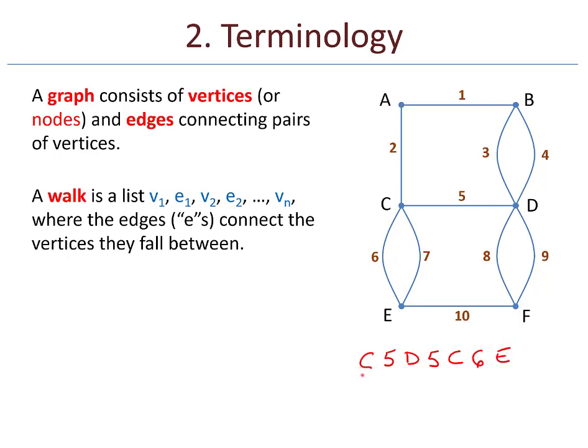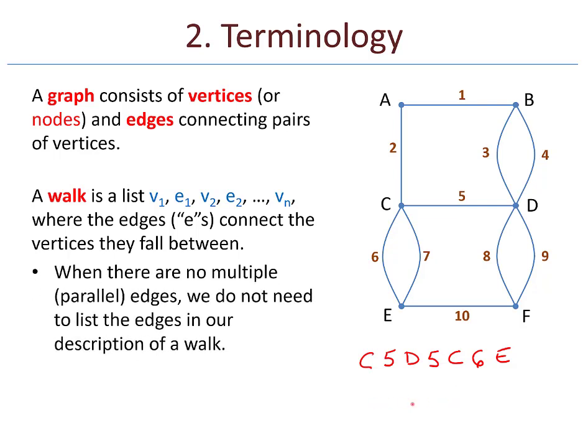And it's really just vertex, edge, vertex, edge, vertex, edge, vertex. And that's a walk. I couldn't say something like C, 2, B, 5, F. It does go vertex, edge, vertex, edge, vertex, but they're not connected in any way. Not a walk.